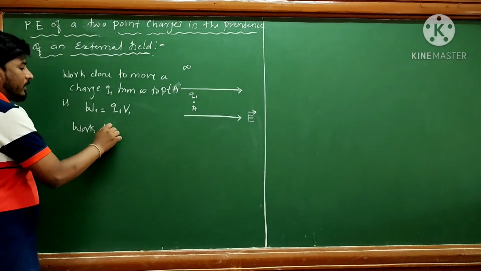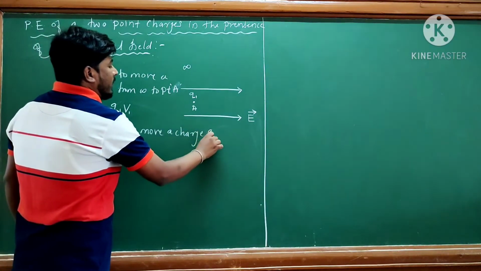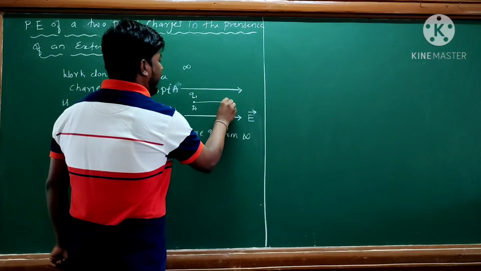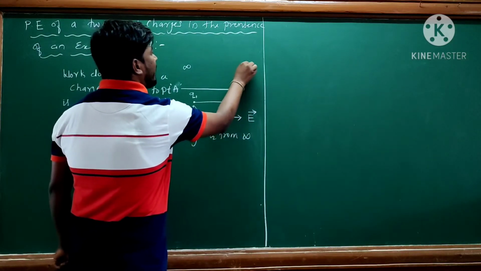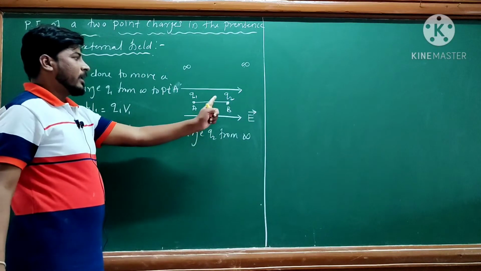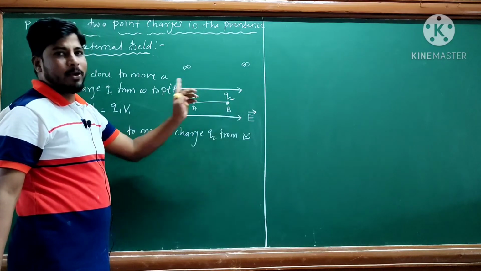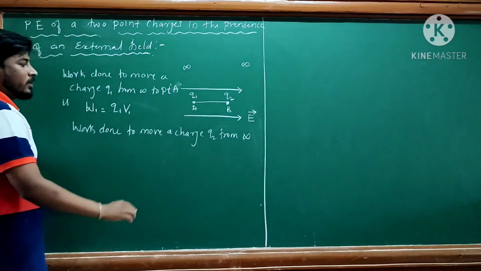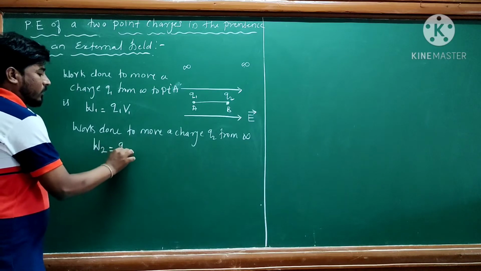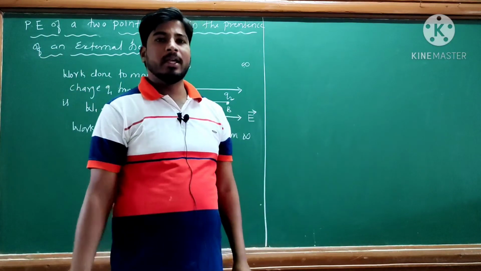Work done to move charge Q2 from infinity to this point: I will bring one more charge from infinity and place it here, Q2, at the point B. So work done to move this charge from infinity is given by W2 is equal to Q2 into V2, where V1 and V2 are the potentials due to the charges Q1 and Q2.